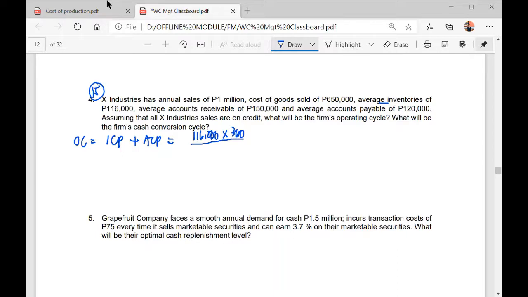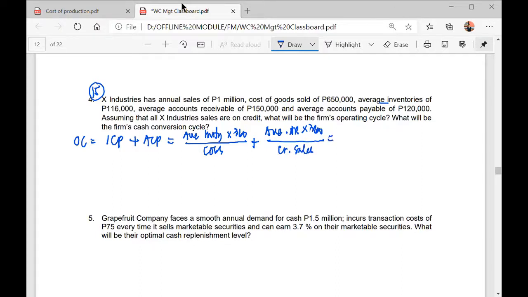Sa natong formula, para mag-guided, this would be your average inventory times 360 over your cost of goods sold, then plus average AR times 360 over your credit sales.